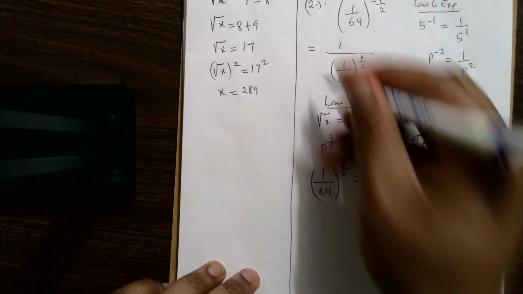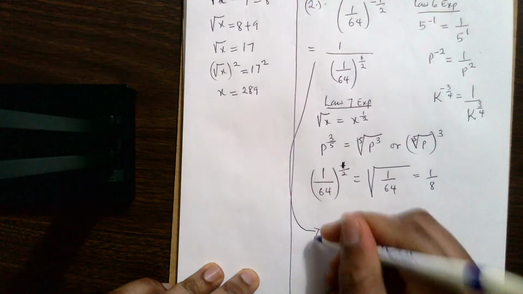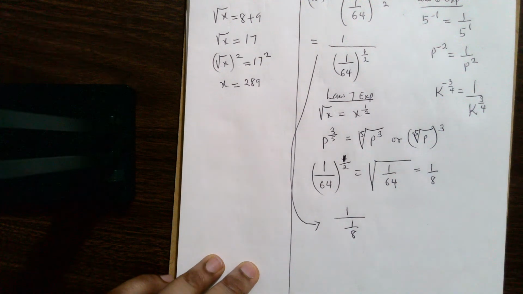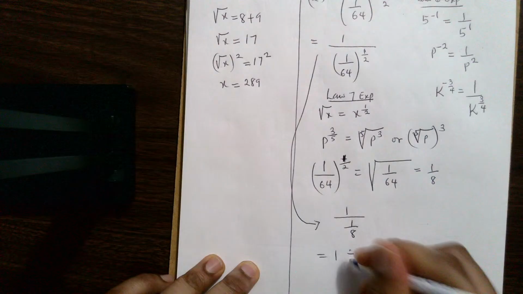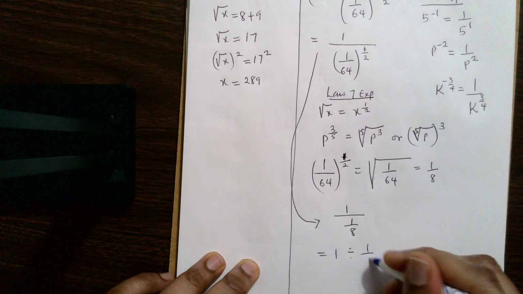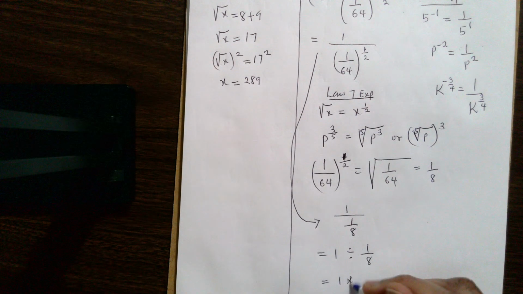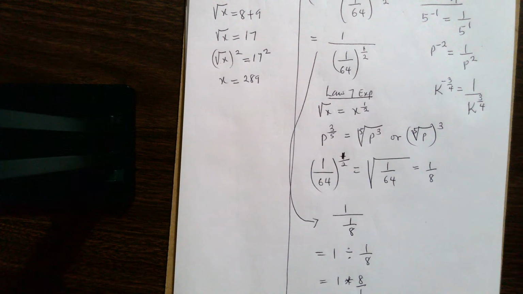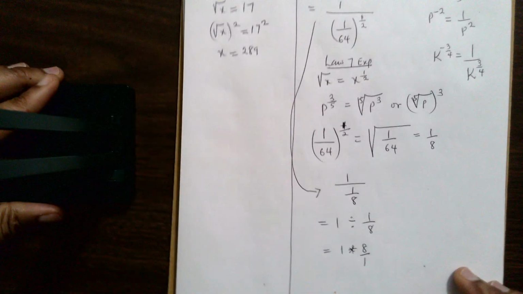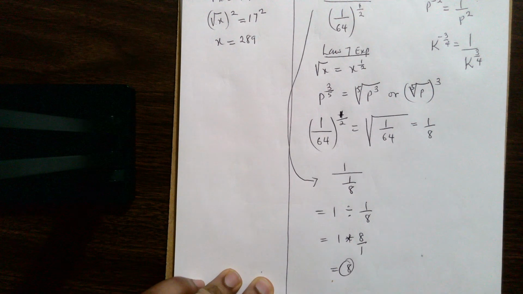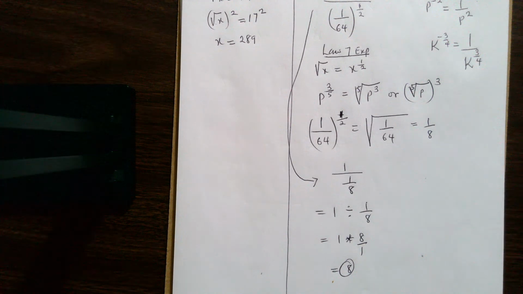From here, we now have 1 over 1 over 8, so this is 1 divided by 1 over 8, which gives us 1 times 8 over 1. And that gives us 8 as the answer.